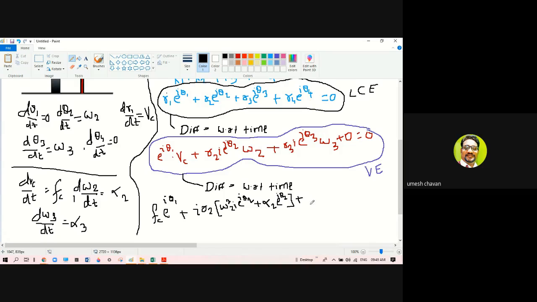Then similarly i R3 in a square bracket, omega 3 squared i e raised to i theta 3, plus alpha 3 e raised to i theta 3. Yeah, this is equal to 0.